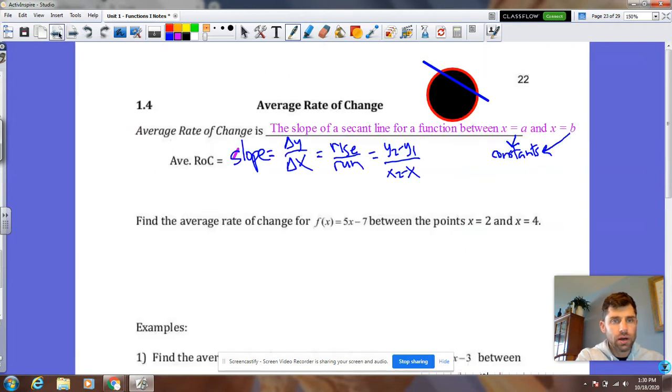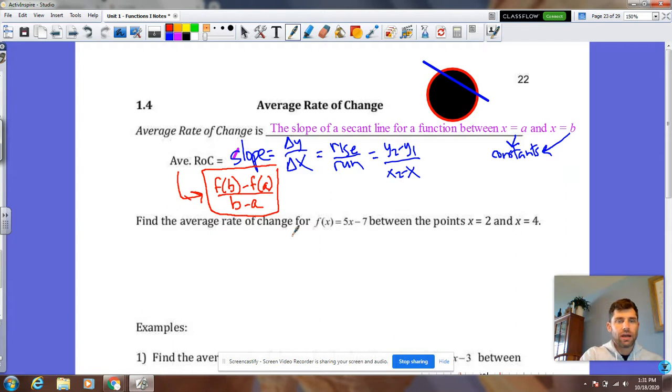So going back to our notes here, the formula that you will see for average rate of change, instead of y2 minus y1 over x2 minus x1, we're just going to call it f of b minus f of a over b minus a. So there's your average rate of change formula.